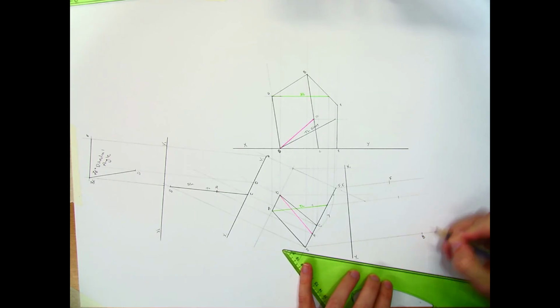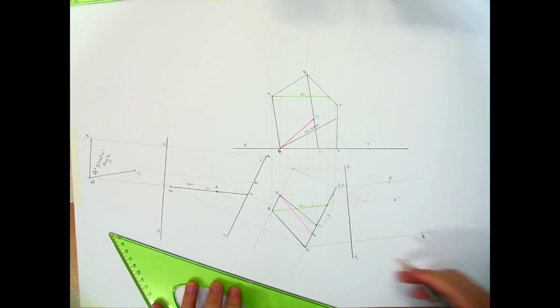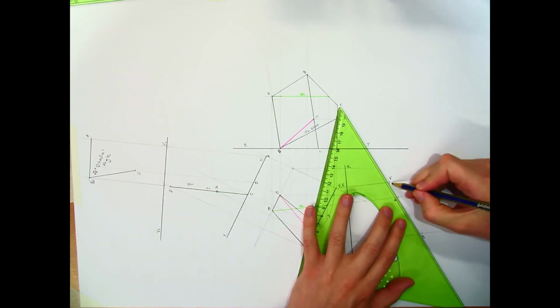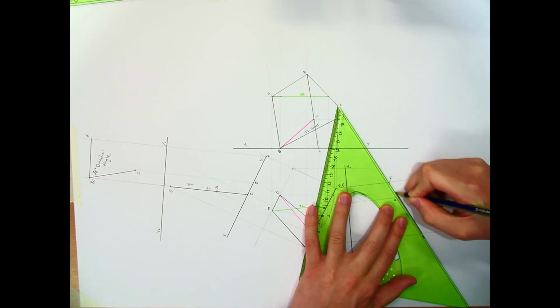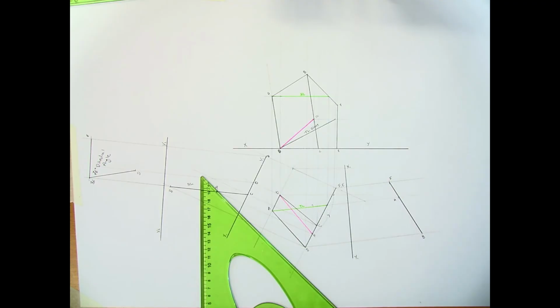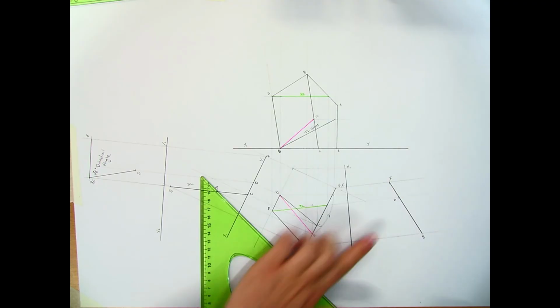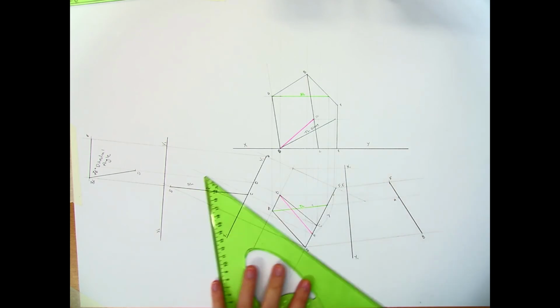So this is B, this was A, and this is F. So if we've drawn this accurately and we found the correct strike line, B, F, and A should form a single straight line, the edge view of the plane. And what we're going to do next is look in perpendicular to this, which will find the true shape of it.